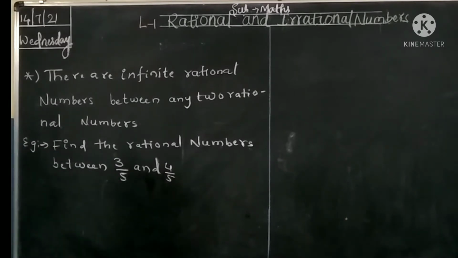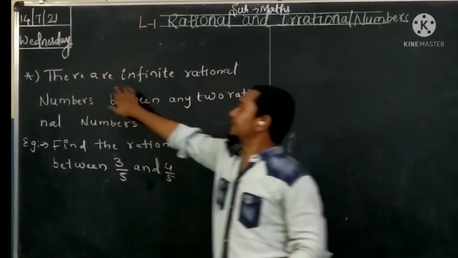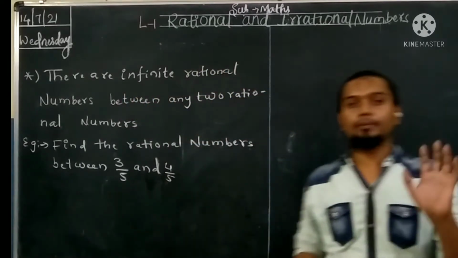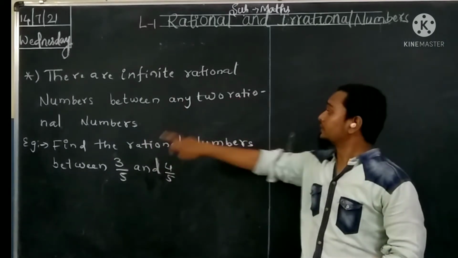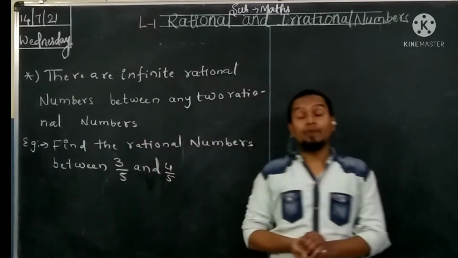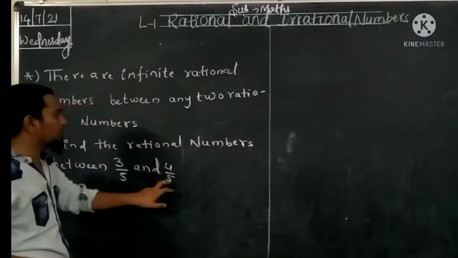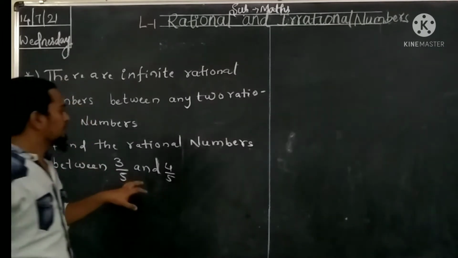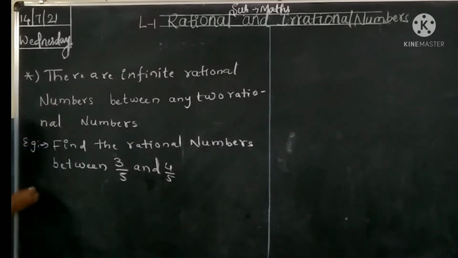Here the point is, there are infinite, that is uncountable, rational numbers between any two rational numbers. When we take two rational numbers, 3 upon 5 and 4 upon 5, infinite rational numbers come between them. Okay, next.